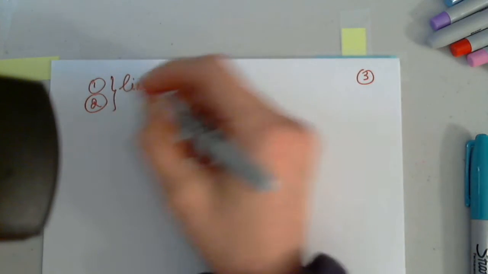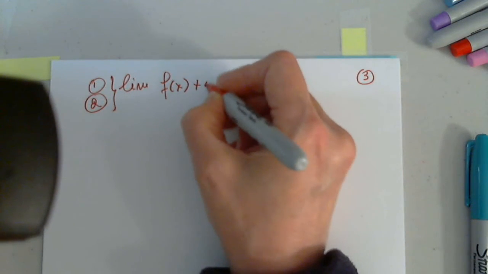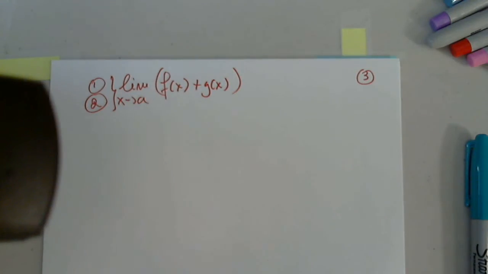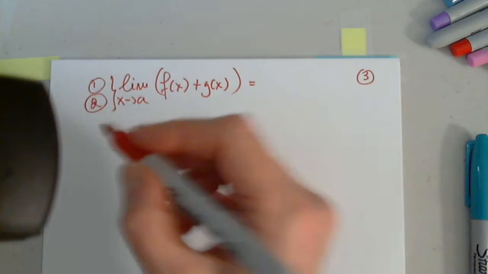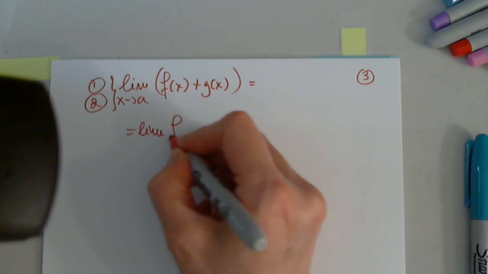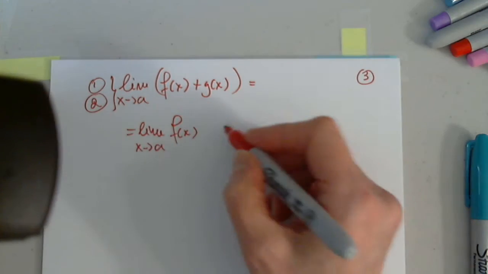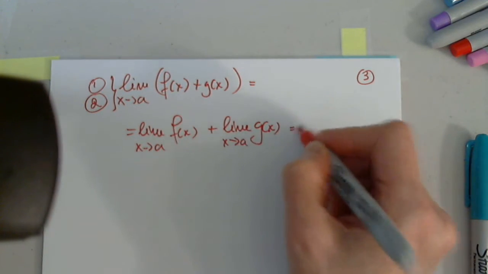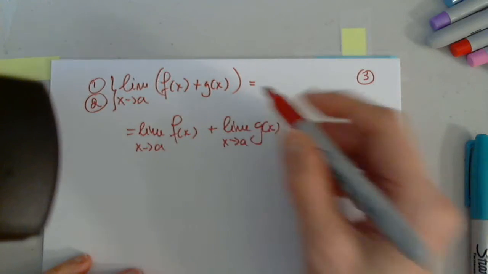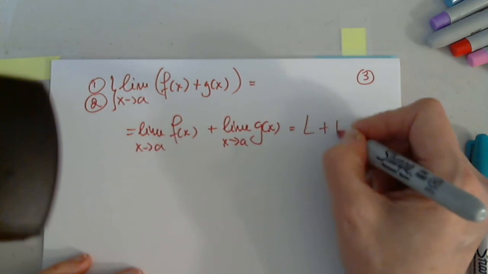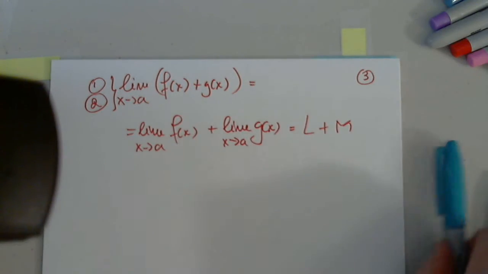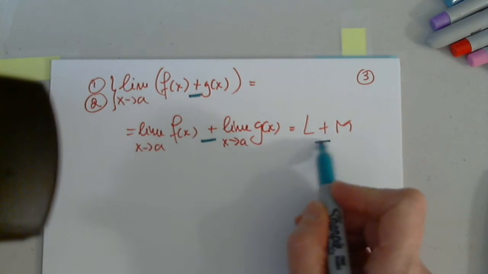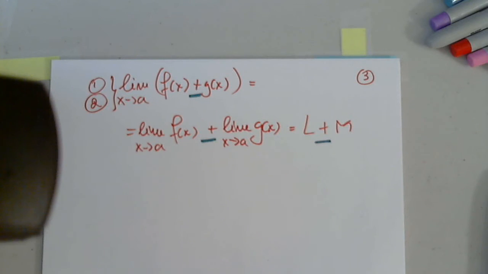So 1 and 2 together, limit of f of x plus g of x as x approaches a from either side is limit of f of x as x approaches a plus limit of g of x as x approaches a, because the limits exist, and this is L plus m. And yes, if I have here minus, I will have here minus, and I will have here minus. So that's why I like to put these two together.